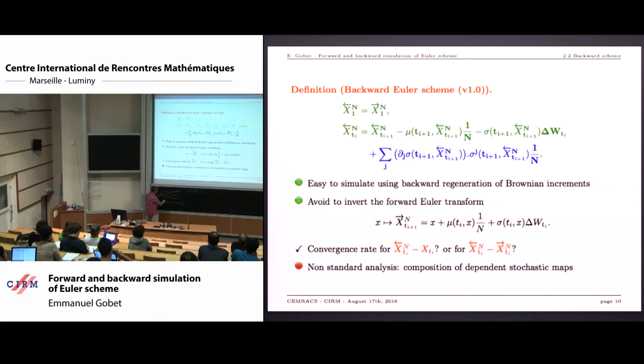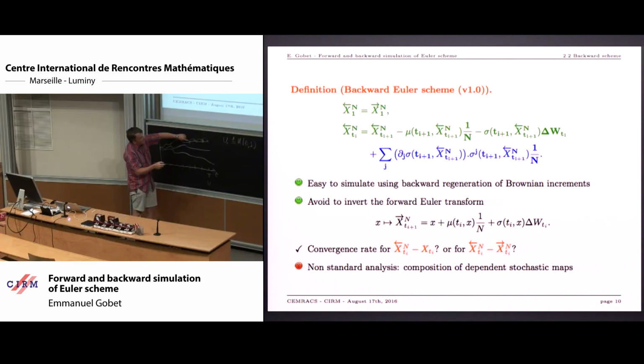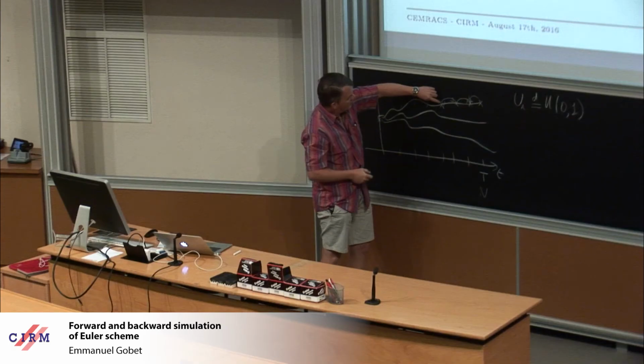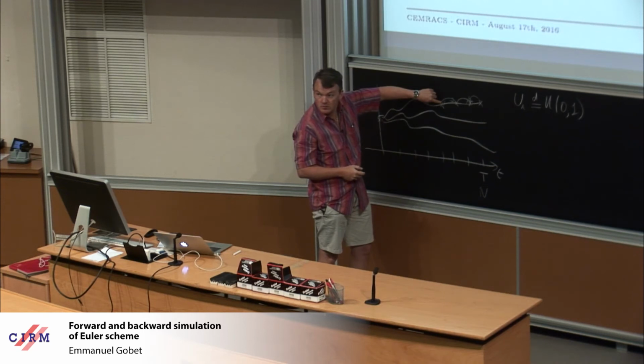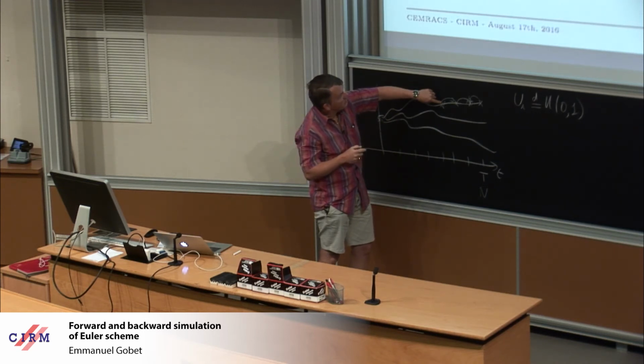So you are sitting here. What was the initial value here, such that with these regenerated Brownian increments, my process at time i plus 1 will be here? So, okay. But you see, you look for the zero of a function in a way, okay?